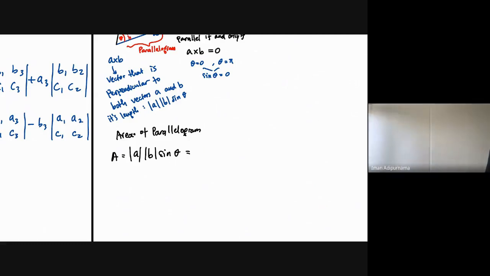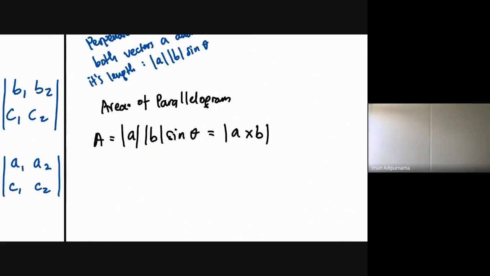And thus, this is the A cross B. So the length of A cross B, the cross product, we can visualize as the area of the parallelogram.